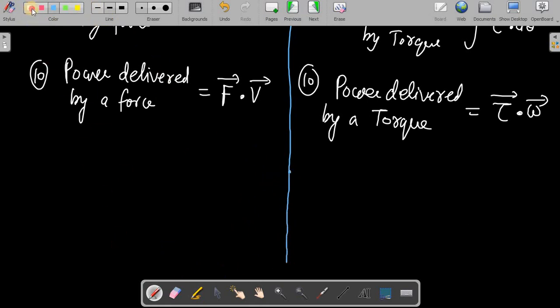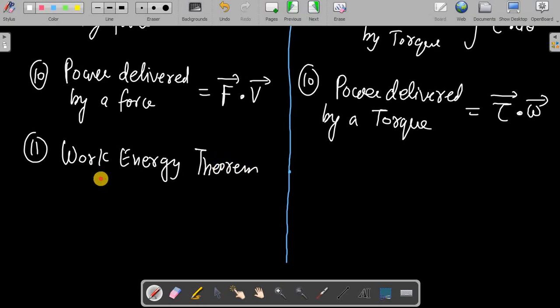Then one more thing that we can use is the work energy theorem. What is work energy theorem? Work done by the net force is change of kinetic energy. This is of course linear or translational kinetic energy.